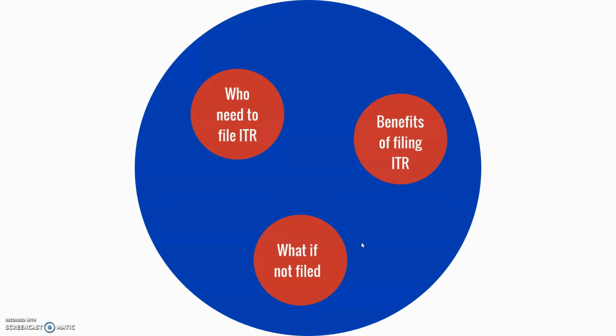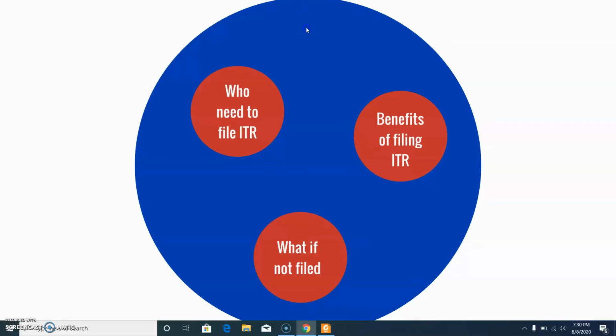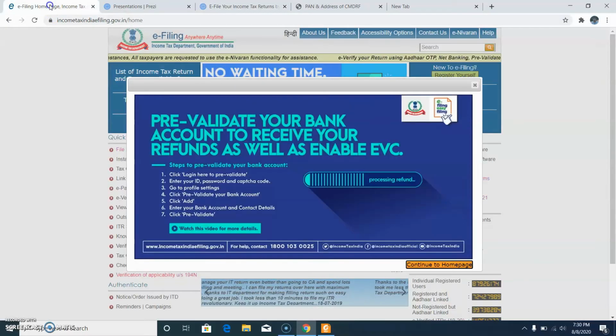If your income is more than 5 lakh and you delay your income tax return up to 31st December of the assessment year, then the fine is rupees 5,000, and if you delay beyond that time, then the penalty is rupees 10,000. Now we can go to the live demo of e-filing.